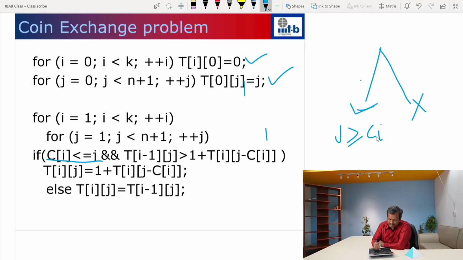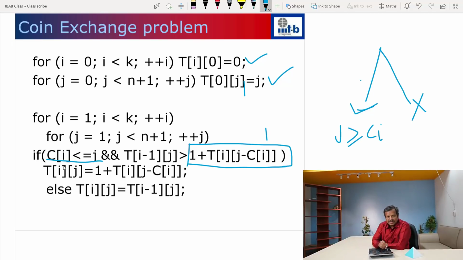If that is the case, I can pick this coin. If I end up picking this coin, then I use one coin, and I have to pay for j minus c of i using the first i coins. If I don't pick the ith coin, then I have to pay for j using the i minus 1 coins.